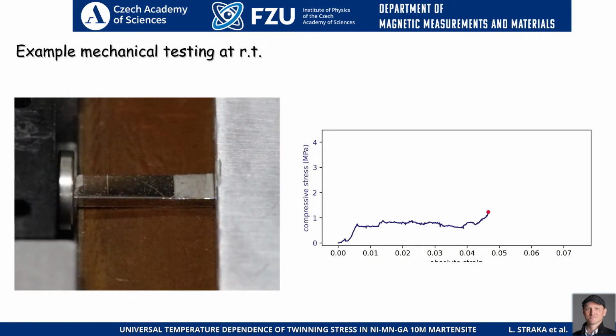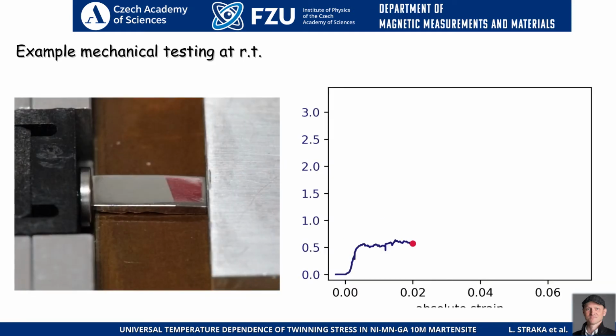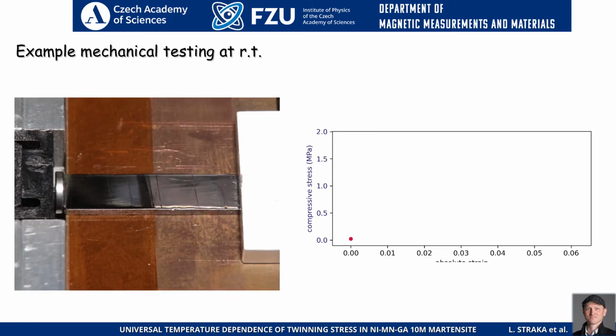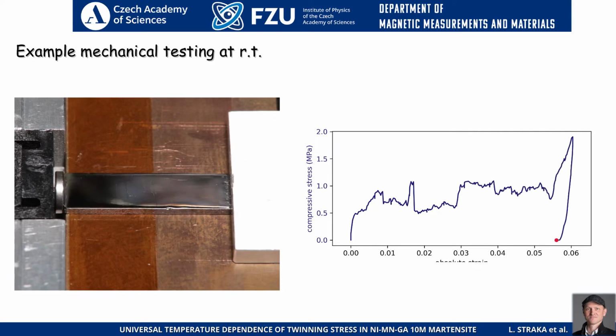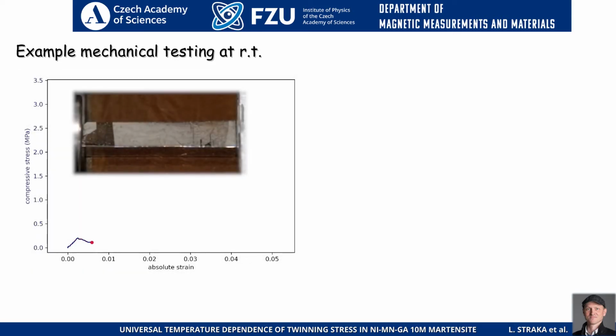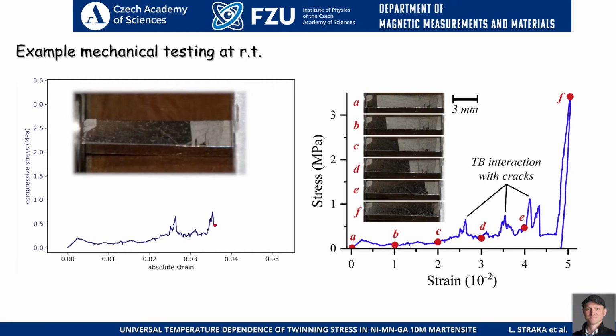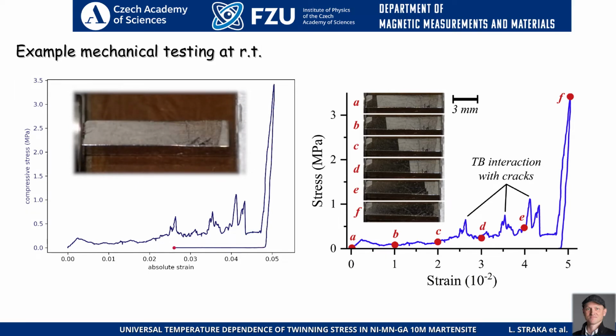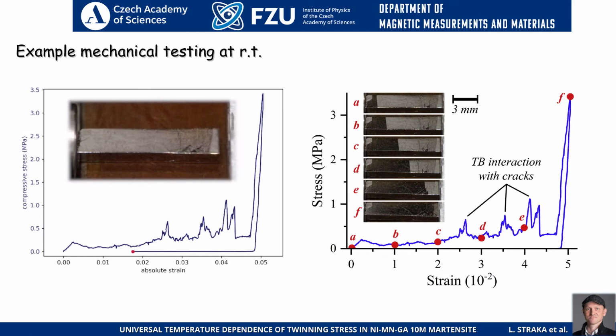And here are the examples of how we measured. You can see we took samples, we compressed repeatedly many times, and we obtained the stress-strain curves. And you can see we were always watching the boundaries propagating, so we could distinguish cases with many twin boundaries, which sometimes happen, from cases with single twin boundaries, which is more important for us, because it gives clear information about propagation of one boundary.